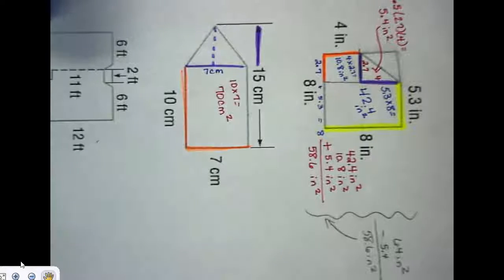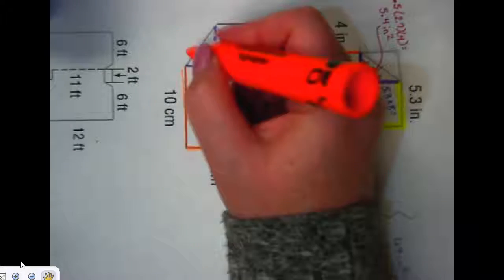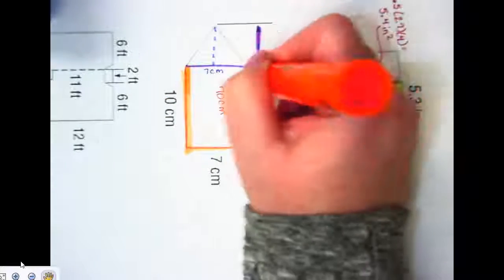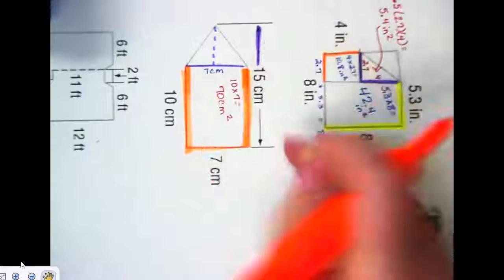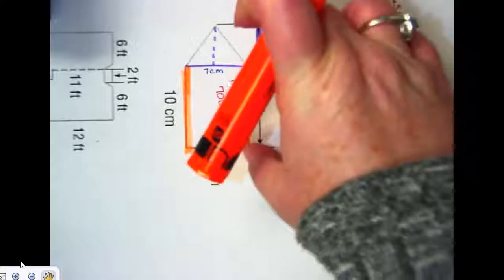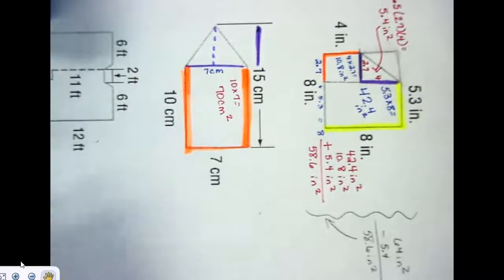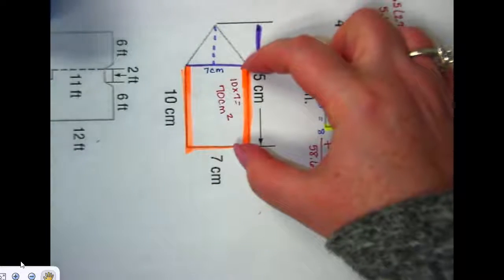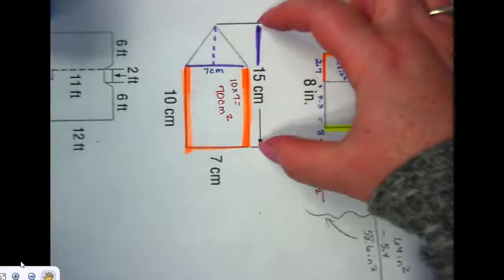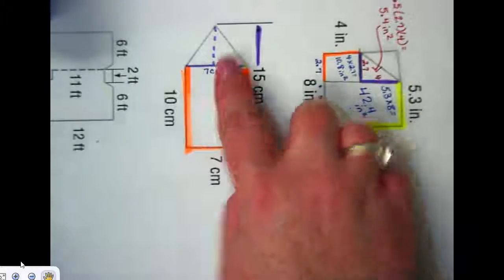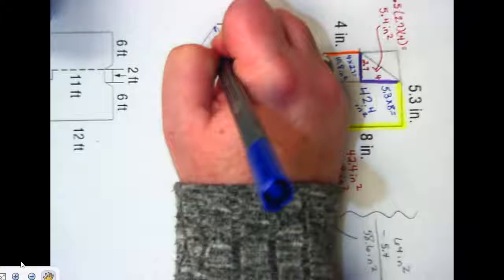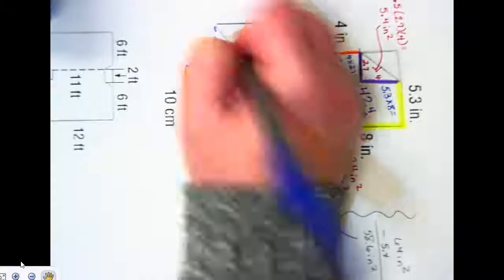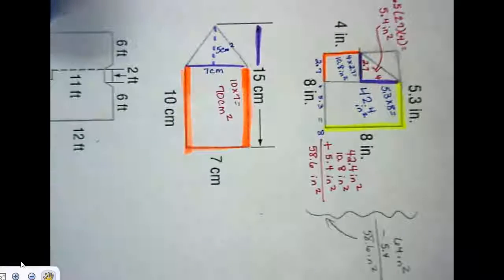So I know that this is 10. And so this whole thing is 15. If this is 10 and this whole thing is 15, what has to be that height? Grace? 5. This height is 5 centimeters. So is the area of that rectangle 35?